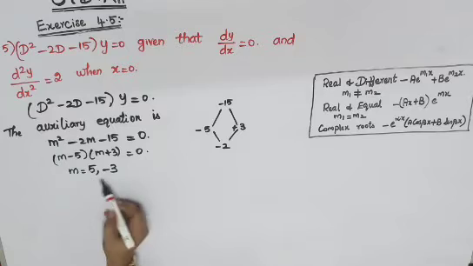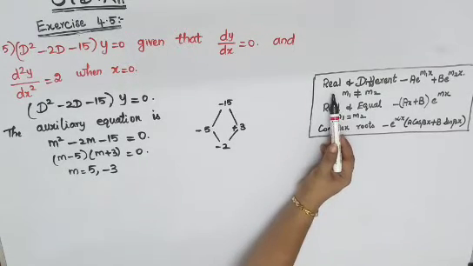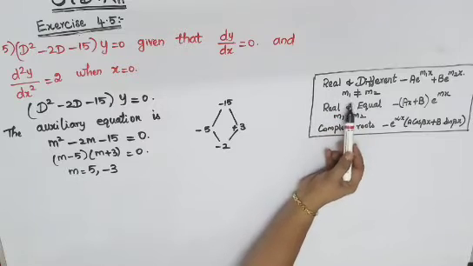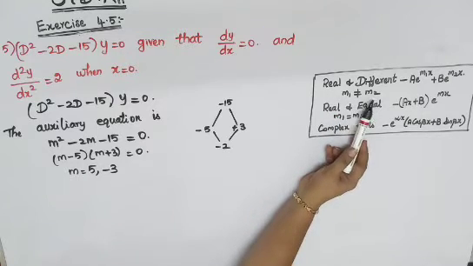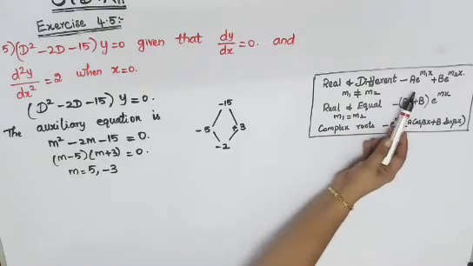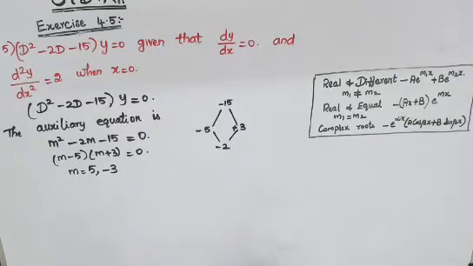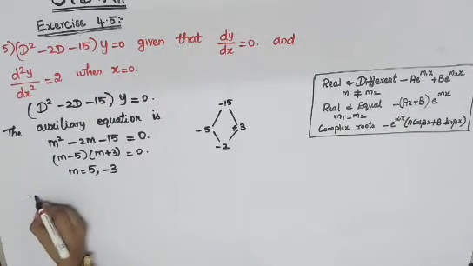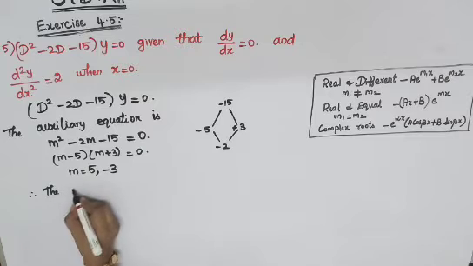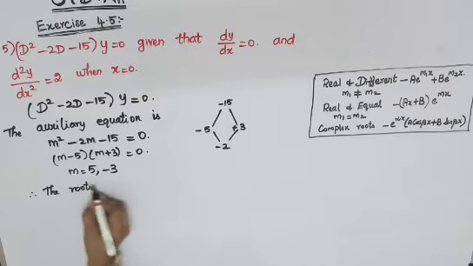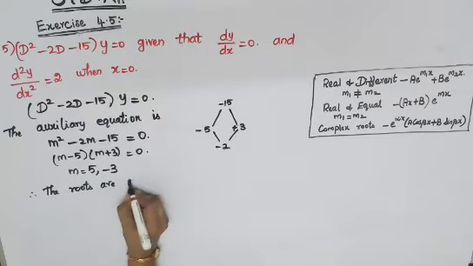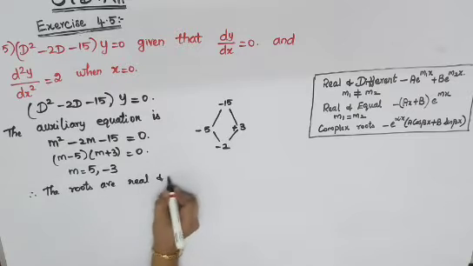So both are different, isn't it? It's real but different answers. So you can go to your first condition: real and different is m1 is not equal to m2. Then you have to go to this formula to find your complementary function. So the roots are real and different.